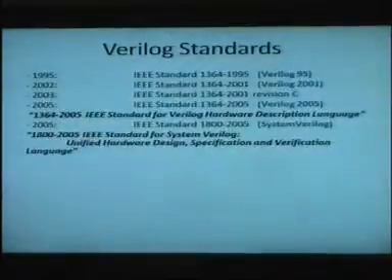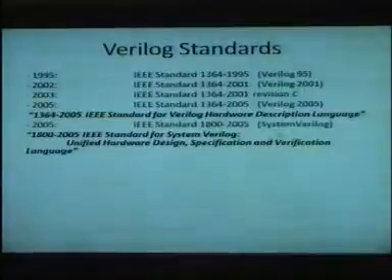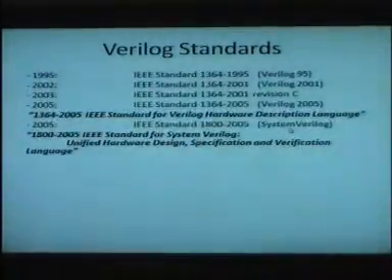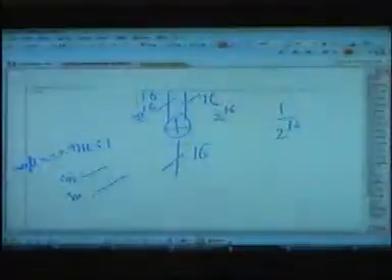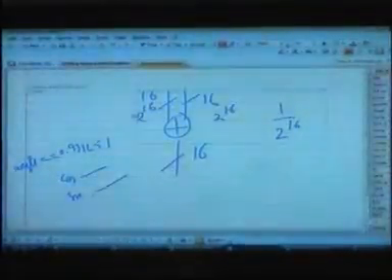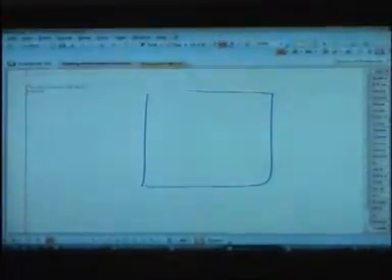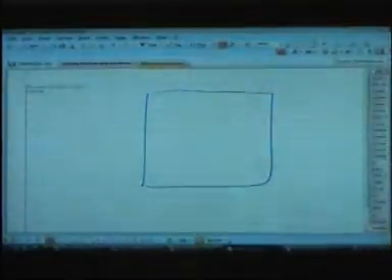Okay. So these are the standards, and it's interesting, in 2005 they came up with another language, because the challenge of digital design is in testing, and Verilog is not good enough to test very, very complex designs and protocols. People were coming up with non-standard languages to test a design.